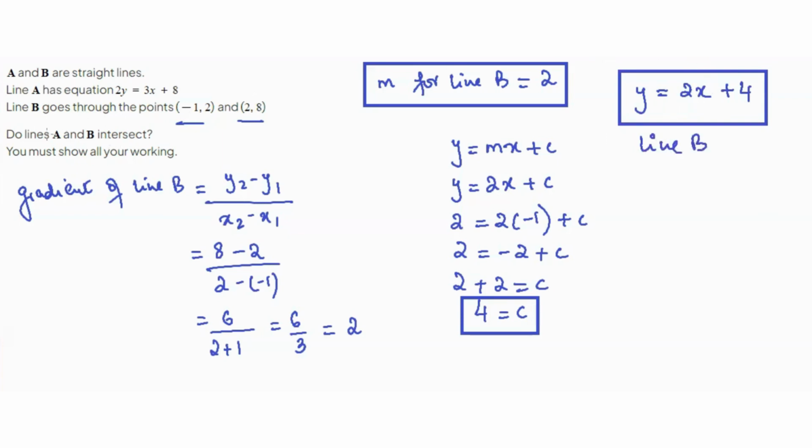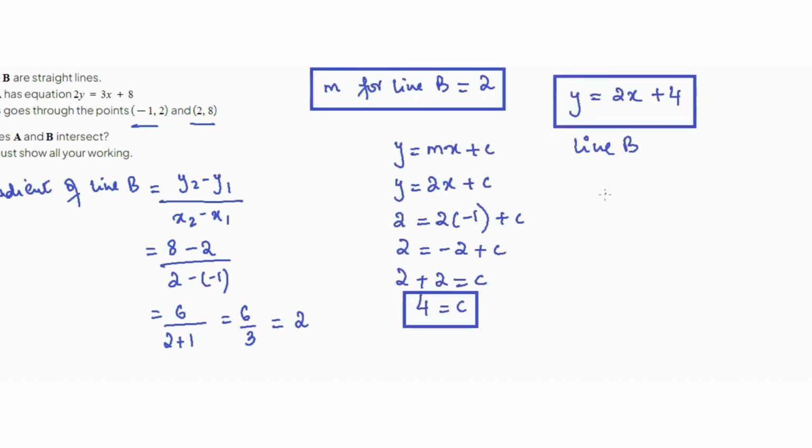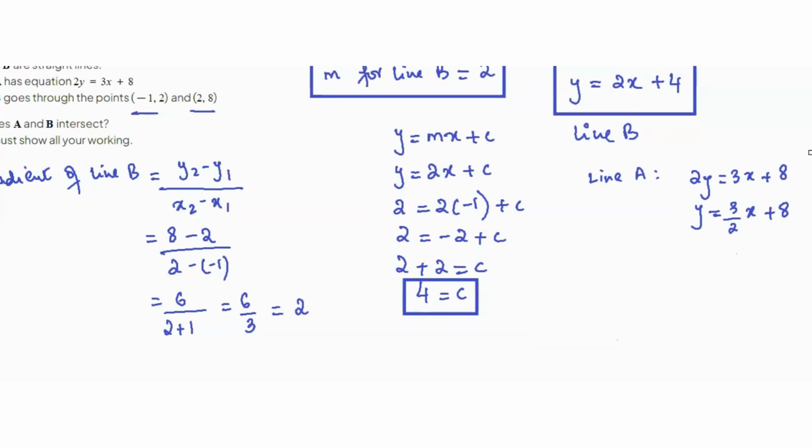So now we have to show whether these two lines intersect or not. Line A was 2y equals 3x plus 8. So that means y would be 3 over 2 x plus 4. Now if we compare line A and line B, we can see that both the lines have a different gradient.